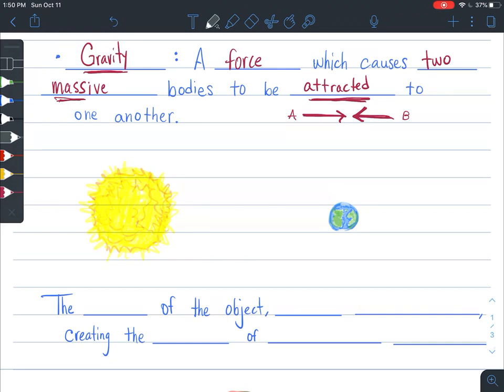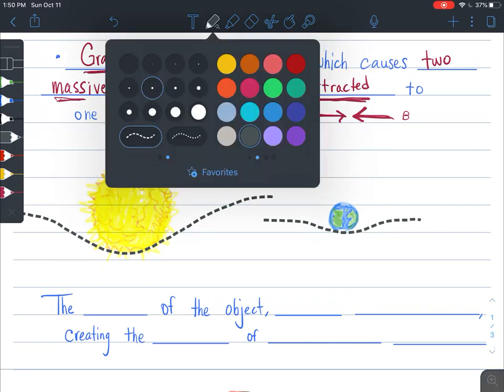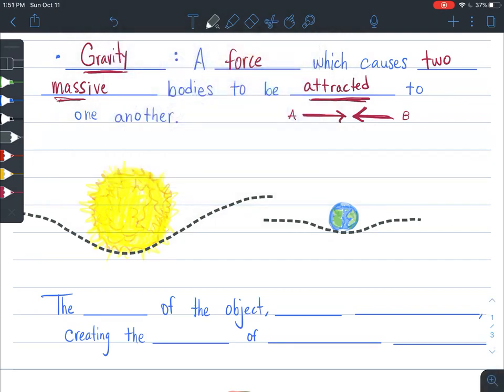So massive bodies are going to actually warp space-time as though it was a piece of fabric. Something like the sun is going to have a large impact on space-time. It's going to create a big well or a divot there in space-time. Whereas something like the Earth might have less of a divot or a warping of space-time. The main reason for this is because of their mass.